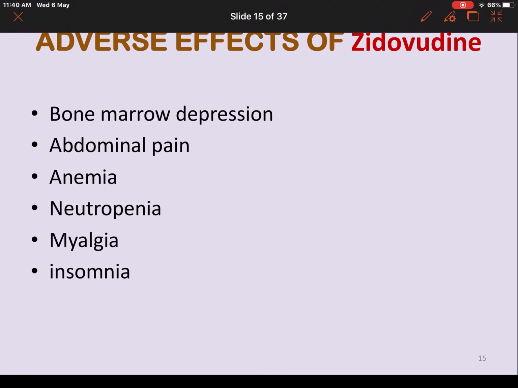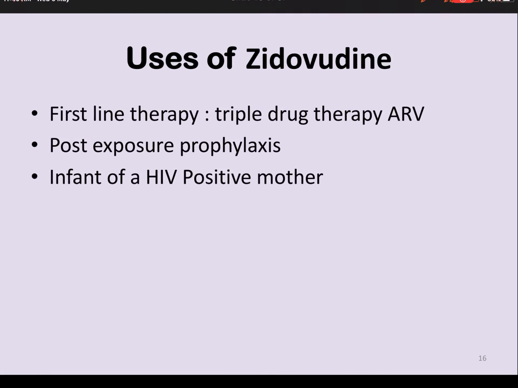What are the adverse effects of zidovudine? Zidovudine has a propensity to bind to mitochondrial DNA polymerase. Hence, it can cause bone marrow depression, abdominal pain, anemia, neutropenia, myalgia, insomnia. Among these, anemia is the most common side effect of zidovudine.